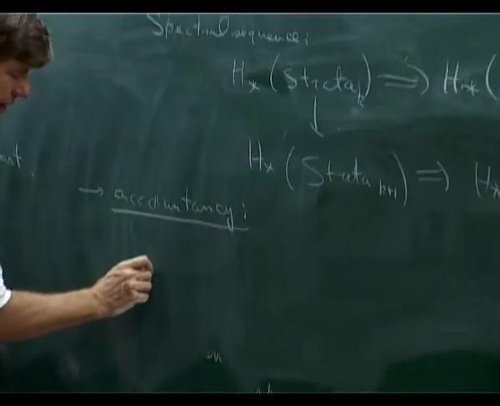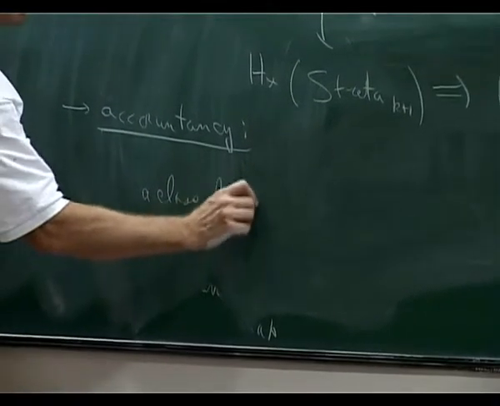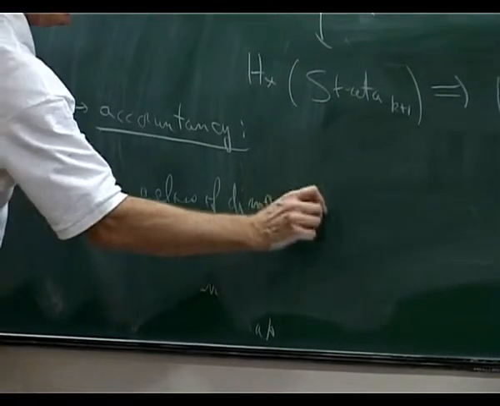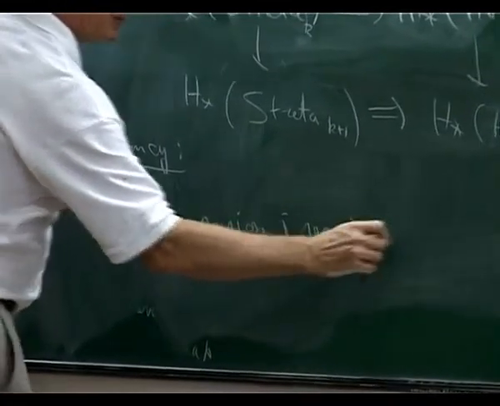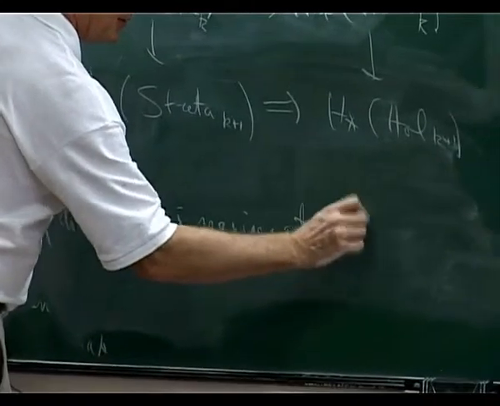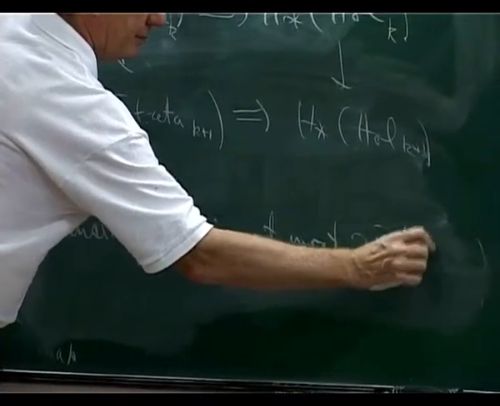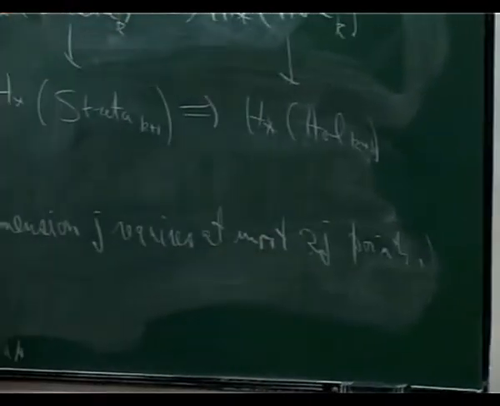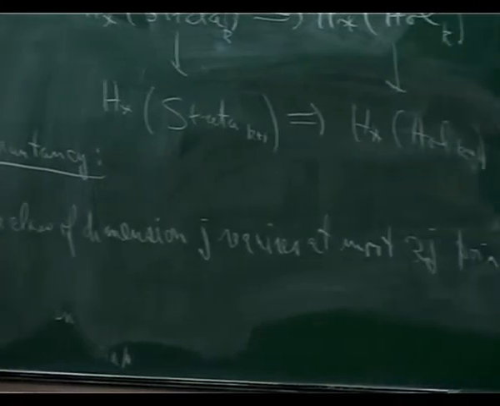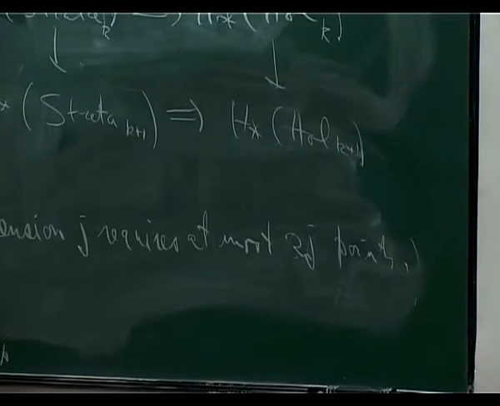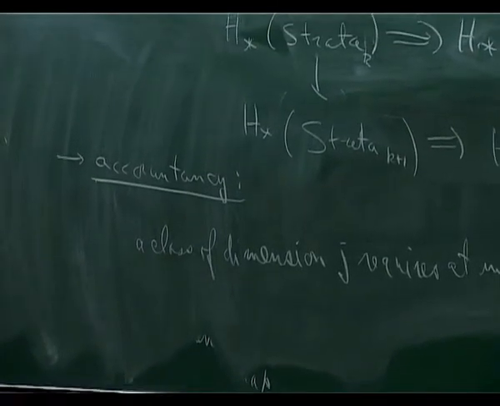So that a class of dimension j requires at most 2j points. Okay, and this is a classical result from people in the 60s and 70s who were looking at labeled symmetric products, and they came to this conclusion.